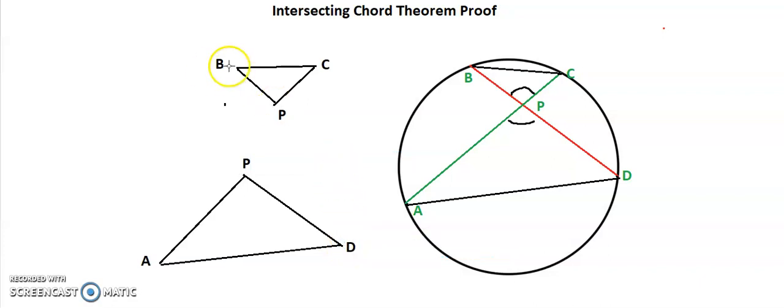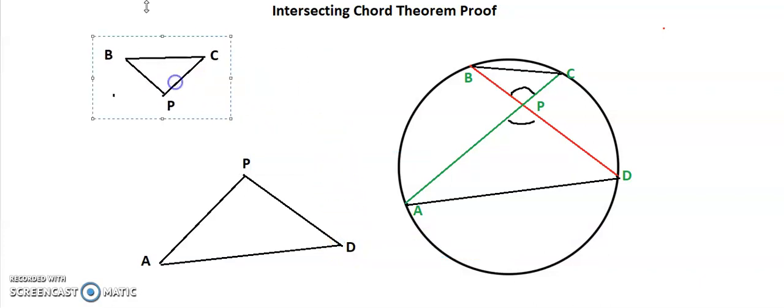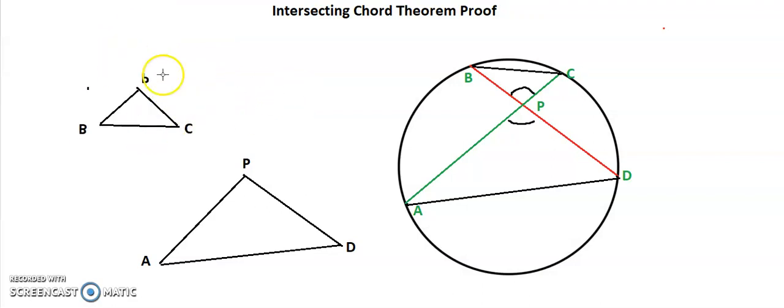Okay, so the first thing I want us to do with our mini triangle here, so we can have a clearer picture of it, I'm just going to flip it. Now I flipped it to help us out. I'm just going to change this small upside down P back to a normal P. That's going to help us.